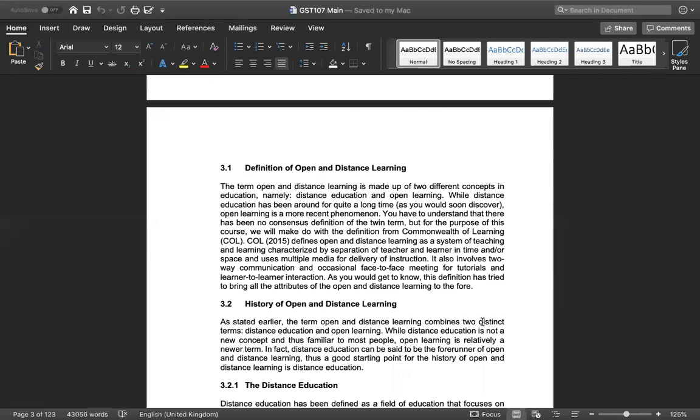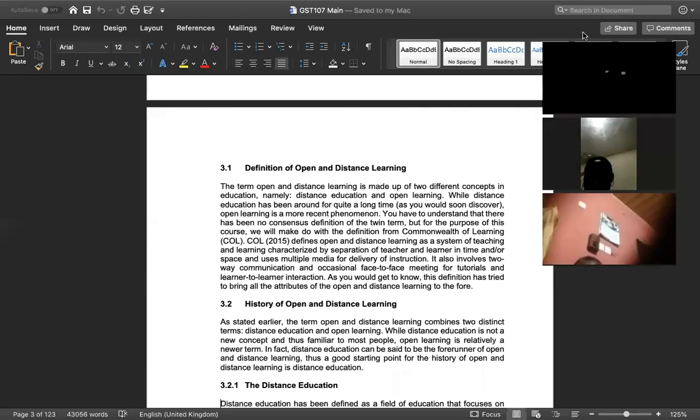Open and distance learning is a system of teaching and learning characterized by separation of teacher and learner in time or space and uses multiple media for delivery of instruction.